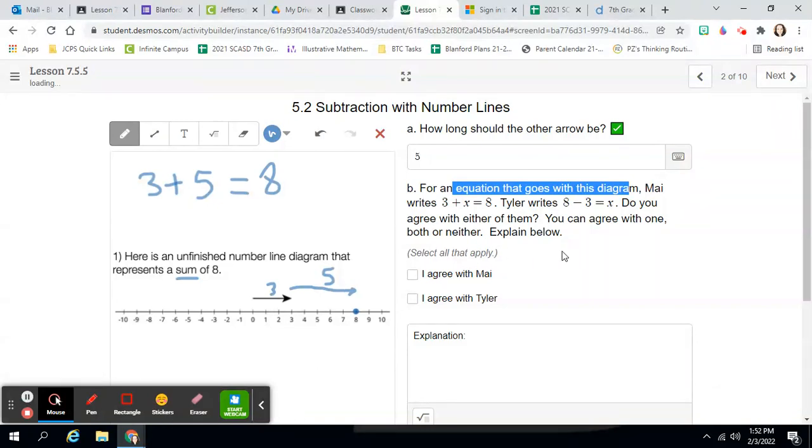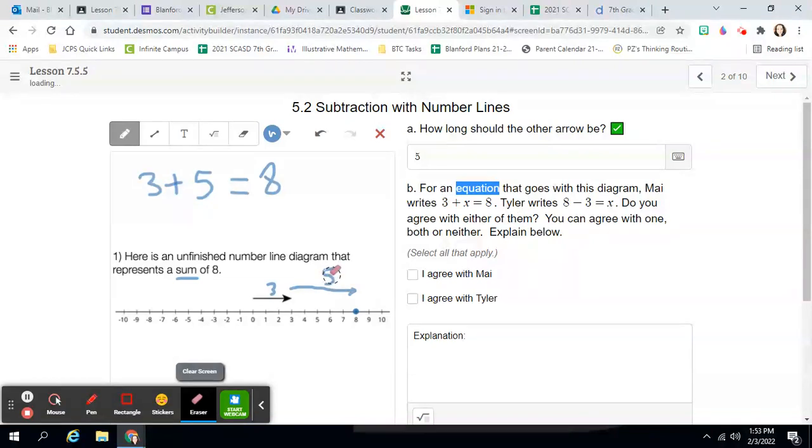Okay, so there's lots of things here that we could think about. In our past Desmos lessons that we've done, anytime they've asked us to write an equation, they didn't just say write an equation, they said write an addition equation, right? So that's what we've been practicing. And I already wrote an equation to show what was going on, but notice here they're using x in place of the 5, right?